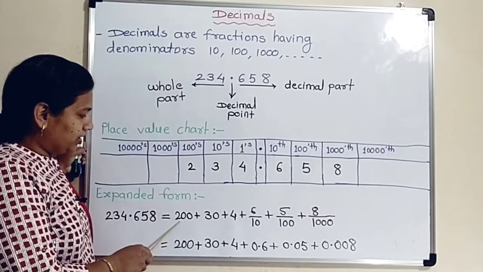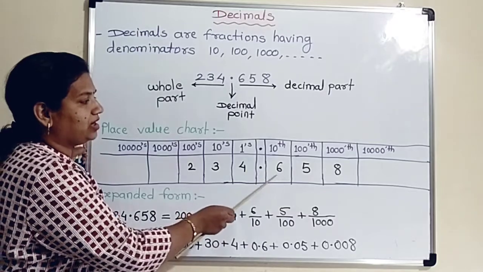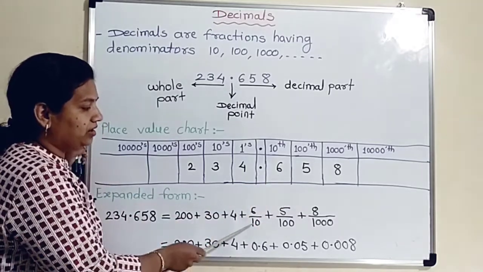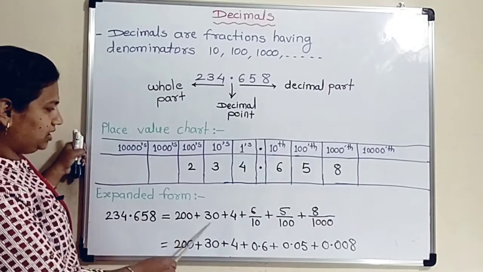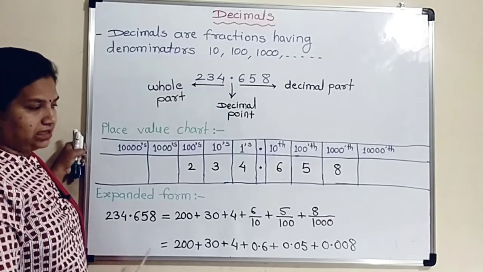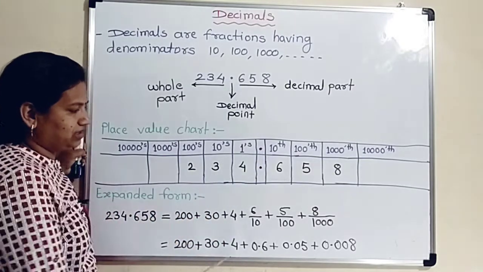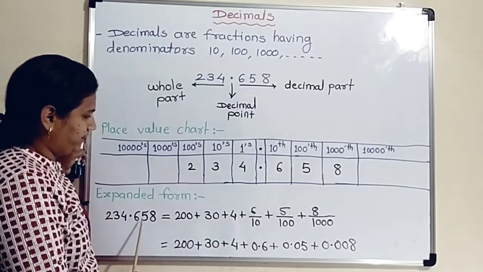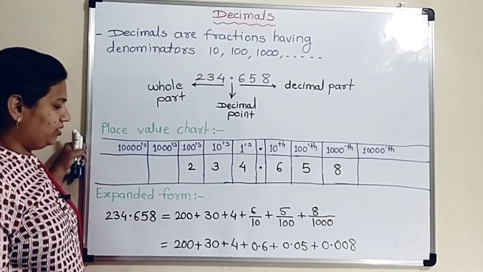So here when we are saying it is fractional, that means we have written the digits to the right hand side of the decimal point as a fraction. So 200 plus 30 plus 4, and the place value of 6, 6 by 10 as it is in tenth place, 5 by 100 and 8 by 1000, right?